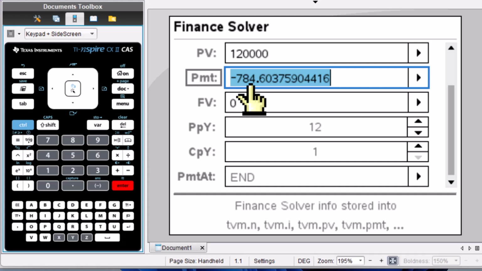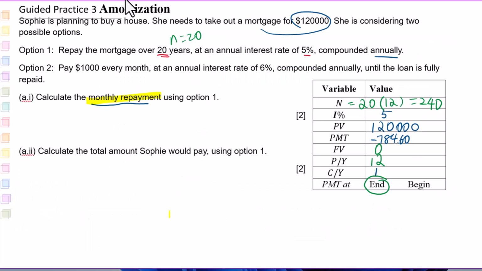Remember, without specific answer required, for finance problem, money should be 2 decimal places. Even though PMT is negative on the Finance Solver, when you write down your answer, you need to change this into positive. $784.60.